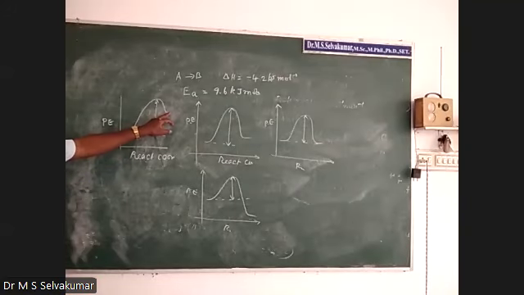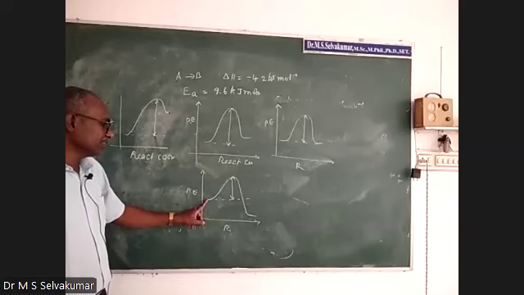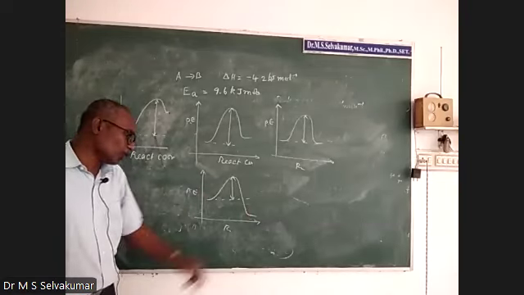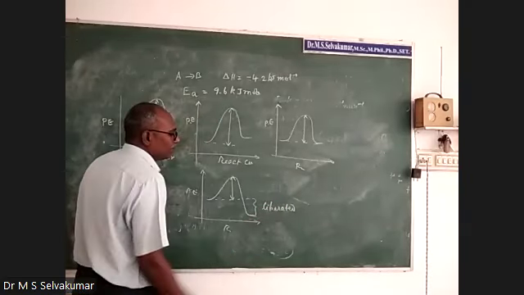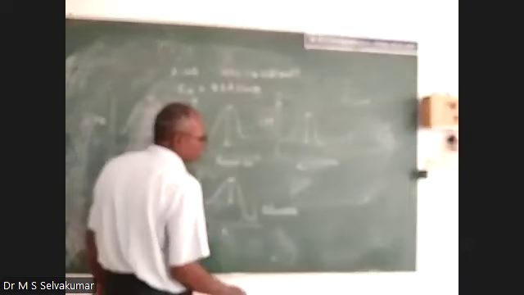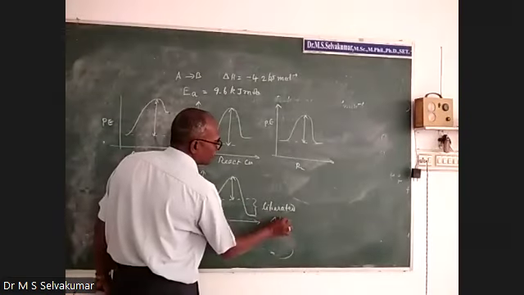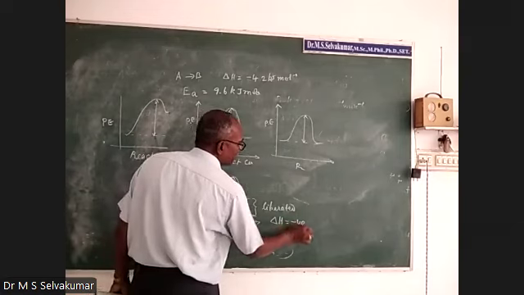If you compare the potential energy of the reactant and the product, it is only in this graph that the energy of the reactant is high and the energy of the product is low. Therefore, this difference will be liberated. Liberated means the heat energy comes out. Heat energy comes out means delta H is negative, which is an exothermic reaction.